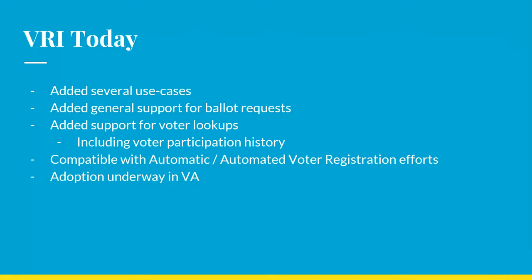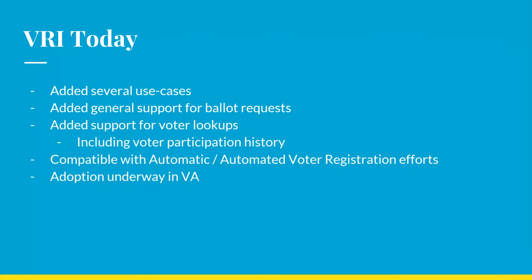So since 2015, we've added use cases to support things such as ballot requests, voter lookups, because a lot of these systems need to know if the voter is already registered in order to bring out the correct screens, or for automatic and automated voter registration, so the NVRA agency does not send duplicate voter registrations down unnecessarily.